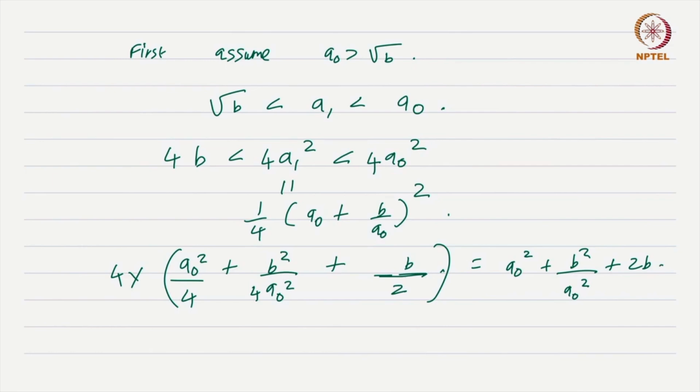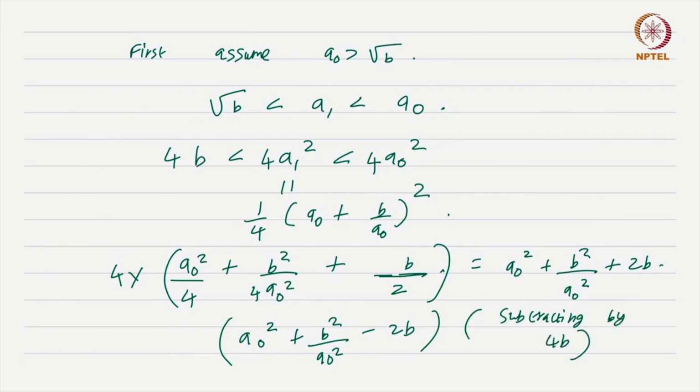We want to show that this quantity is greater than 4b. So we subtract 4b. What you get is a0 squared plus b squared by a0 squared minus 2b. And of course from elementary algebra, this is just (a naught minus b by a naught) the whole squared, which we all know is going to be greater than 0.